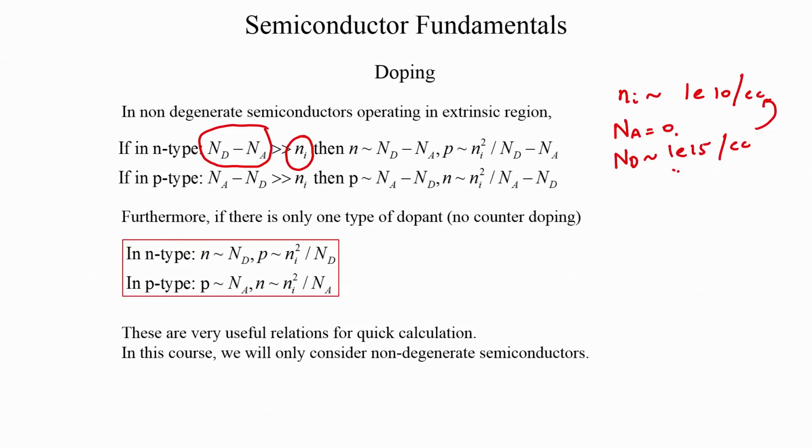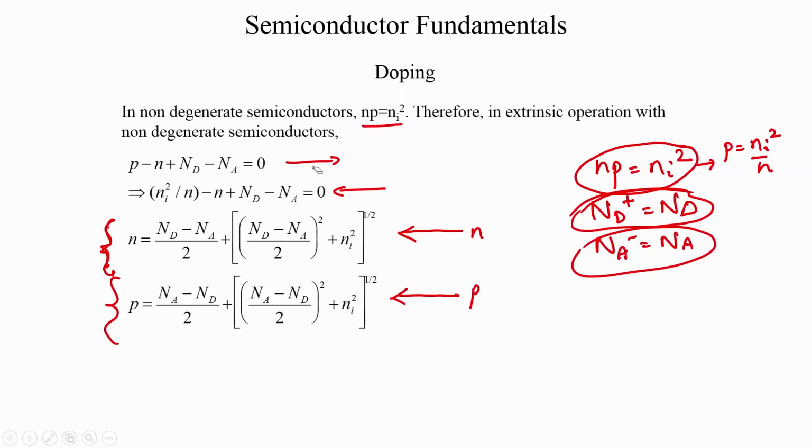So, if you go back and look at this quadratic equation, let us say Nd minus Na is very large, which means Nd minus Na is much larger than ni square.